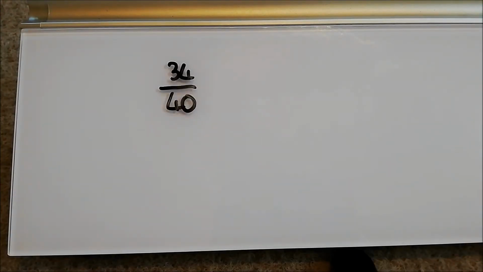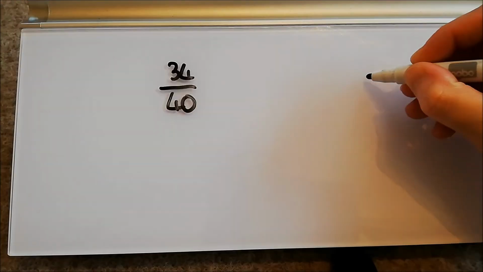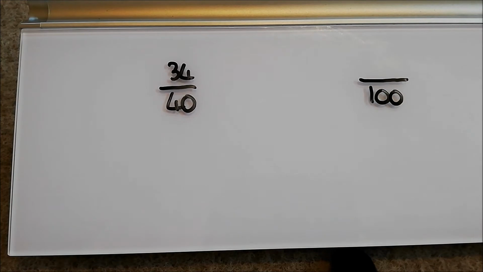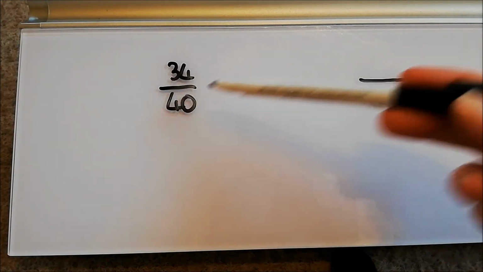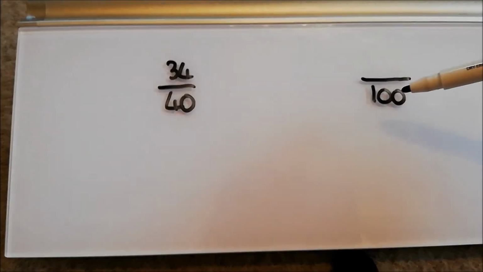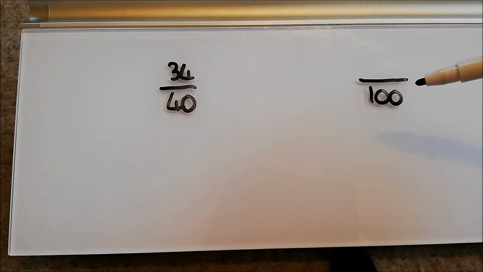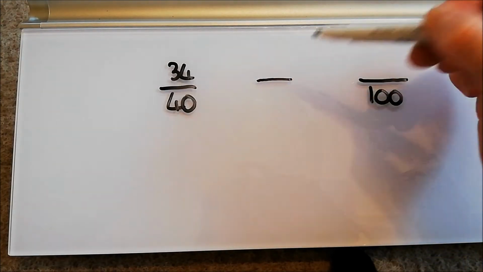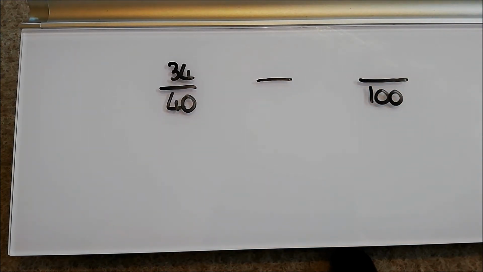Now this one's a little bit harder because 40 doesn't fit into 100 a whole number of times. So whereas we could times 50 by 2 to get 100, or we could times 20 by 5 to get 100, or we could times 10 by 10 to get 100, there's not a nice whole number that 40 times by to give us 100. So in cases like this, we can look for something that we can cancel down to instead that will fit into 100.